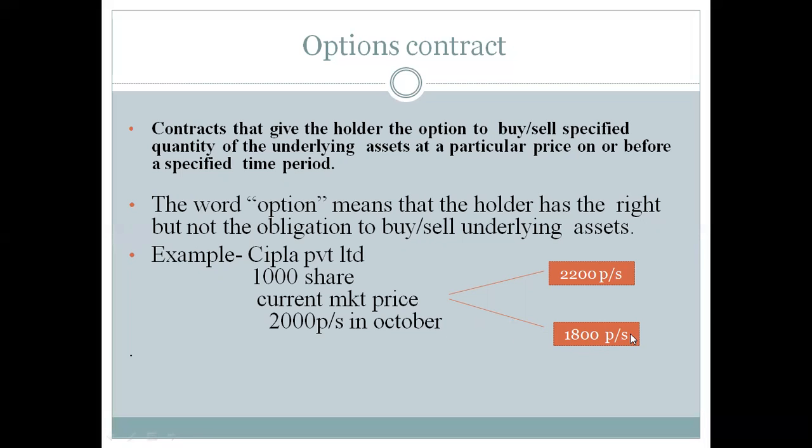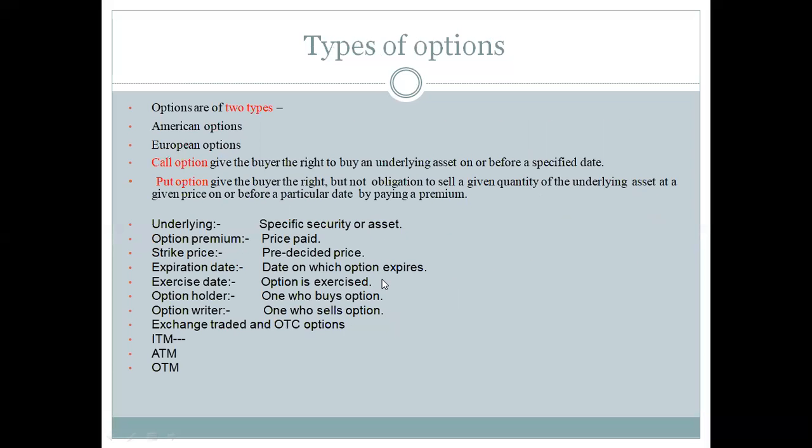So the seller will also lose, right? But here the seller will gain the amount which we have paid as premium, 2% of the contract size. So the buyer will lose the amount he has paid in advance as premium to book the contract. This is the example to understand an option contract.